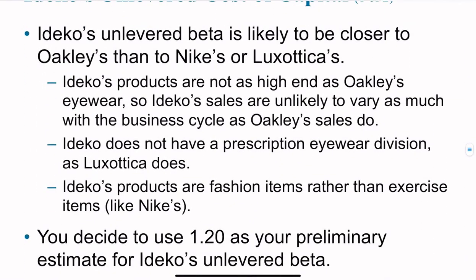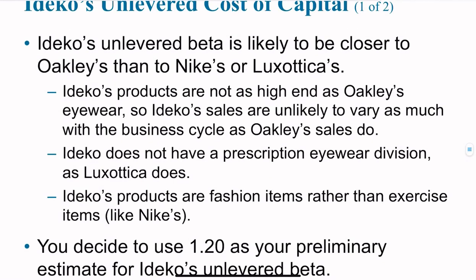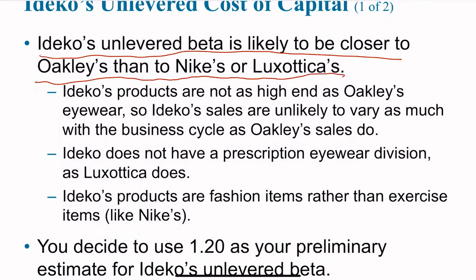So the claim here is IDACO's unlevered beta is likely to be closer to Oakley's compared with Nike and Luxottica. This kind of claim is really based on these firms' business operations.